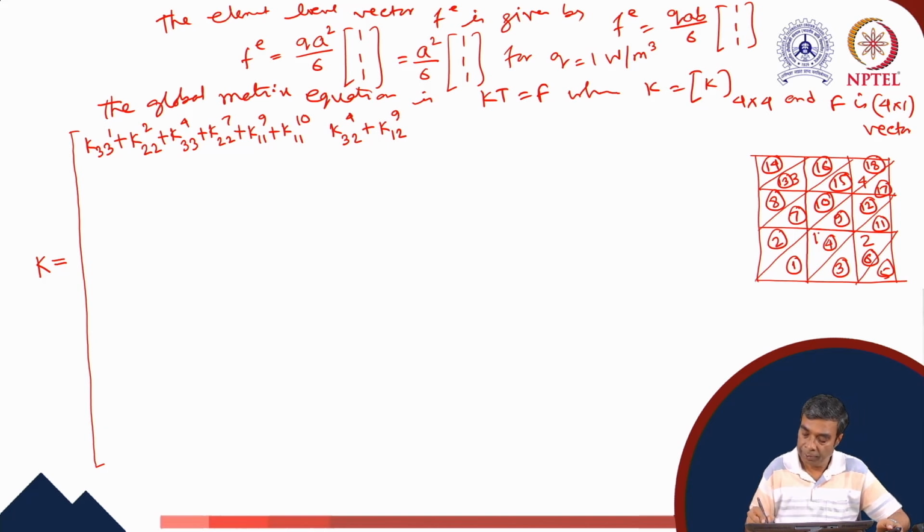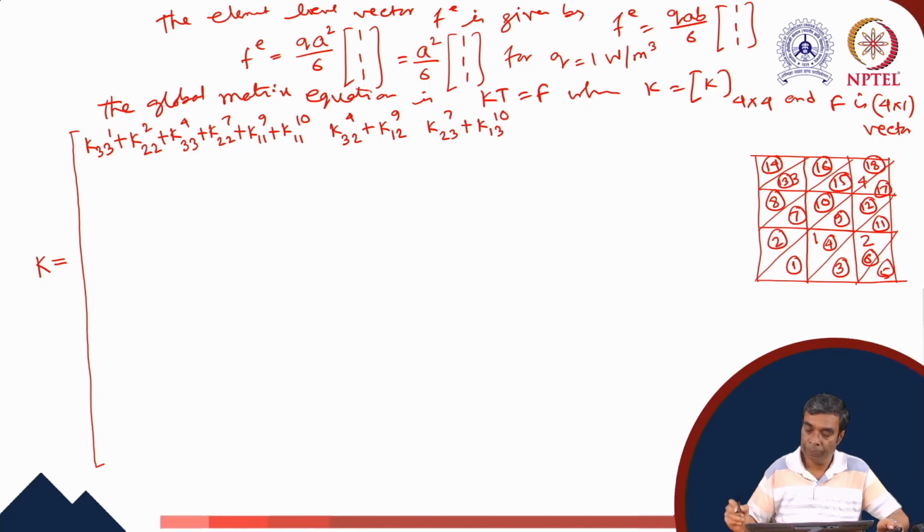Then we have K13. So 1 and 3 belong to elements 7 and 10. So K13 equals K237 plus K1310.